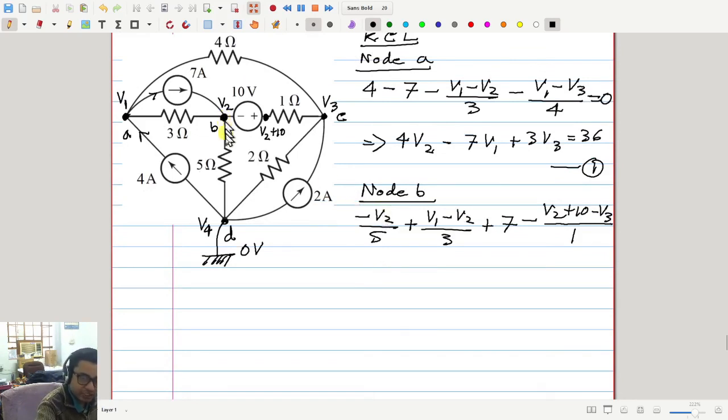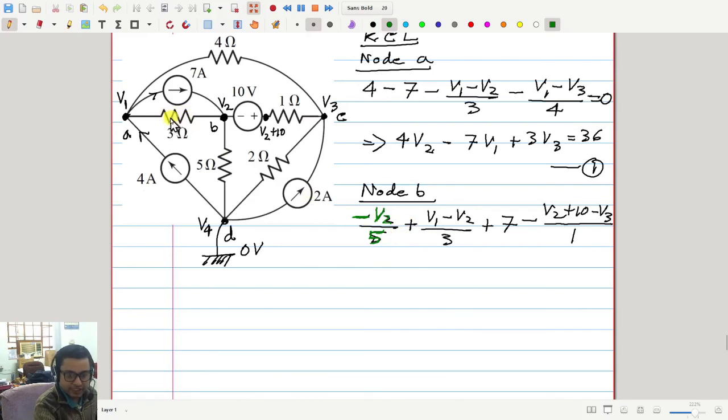So first consider this 5 ohm resistance. Through this 5 ohm resistance, current is going out from node B. How much is that? That is V2 divided by 5, the current going down, going out, so minus. Next consider this 3 ohm resistance on our left.